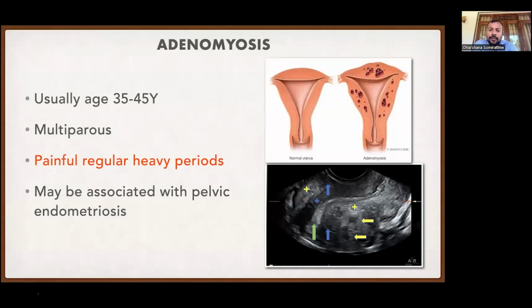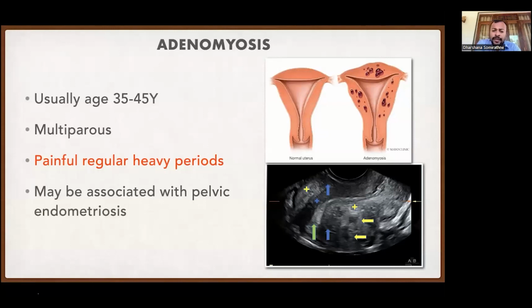This is another common presentation, adenomyosis. What is adenomyosis? Adenomyosis is a condition where, as you can see in the diagram, the endometrium is embedded within the myometrium, and with menstruation this endometrium within the myometrium also bleeds, causing inflammation, and they present with significant pelvic pain during the menstrual period.